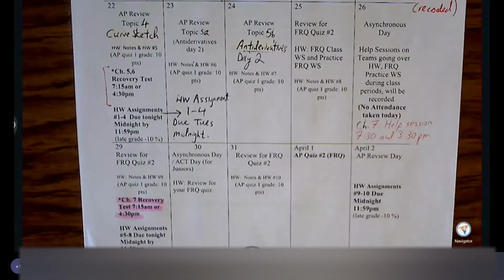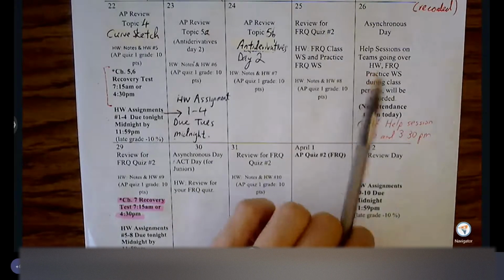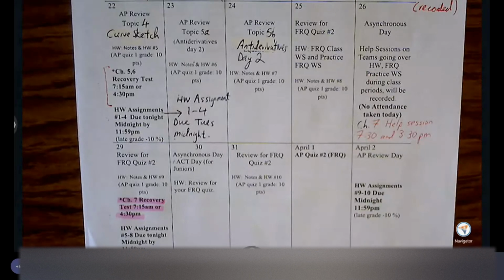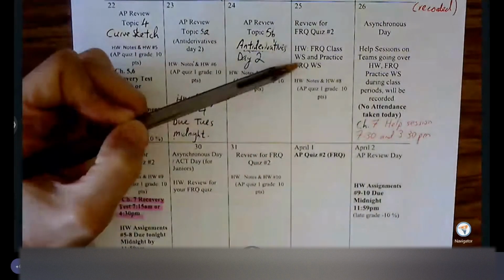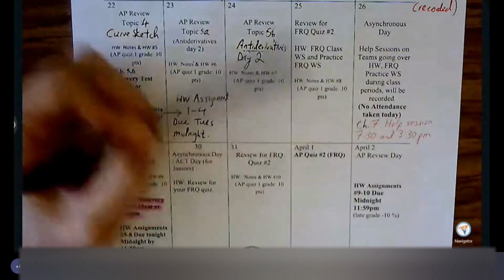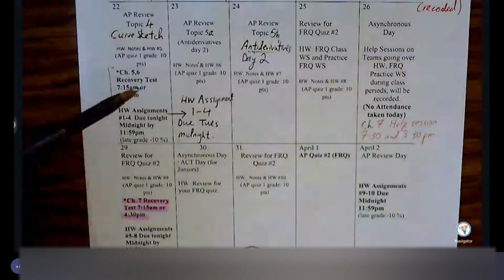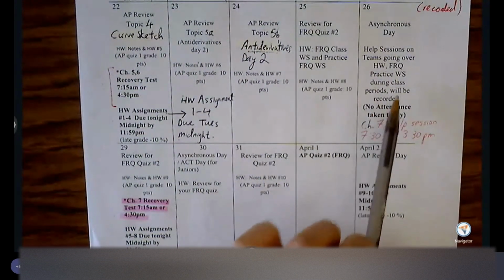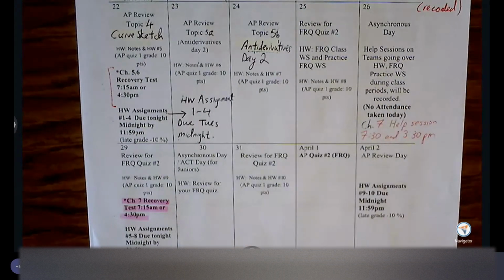So class, there's no attendance taken that day. But I still want to have class sessions for any students who want to come in for me to go over the previous night's homework, or want me to work through some problems, or just get additional review over homework or over the quiz material. But I'm not going to cover anything new. I just want to be available during class periods to go over any material.